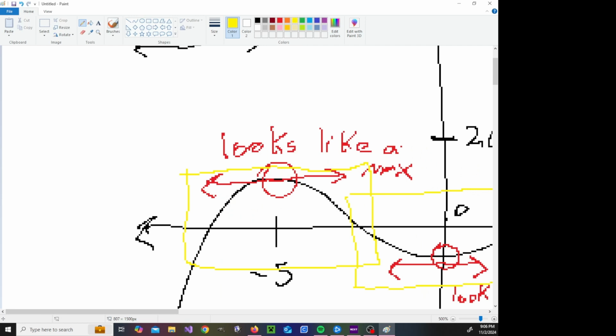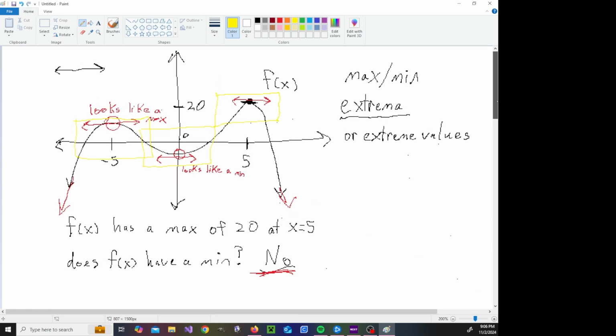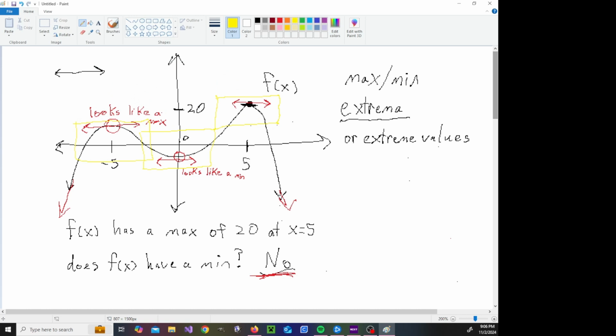So for that reason, we make this distinction, this definition of local extreme values.